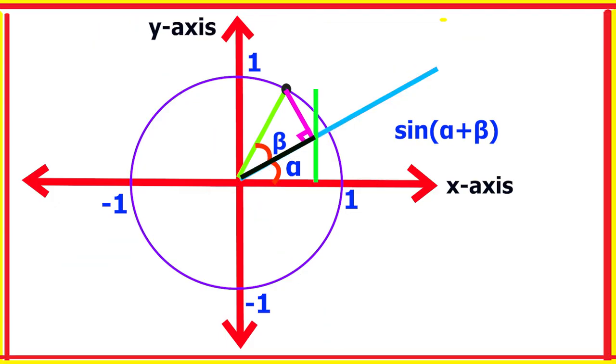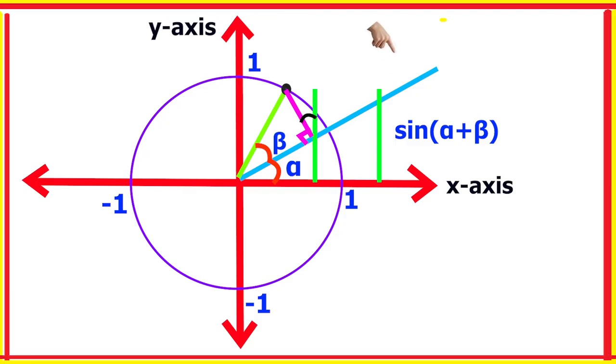So here we have an angle. Now what's this angle? This angle is angle alpha. How do we know that? To check that, let's consider the line here.